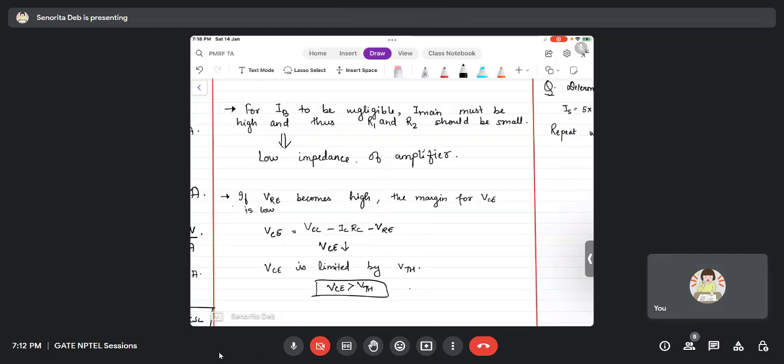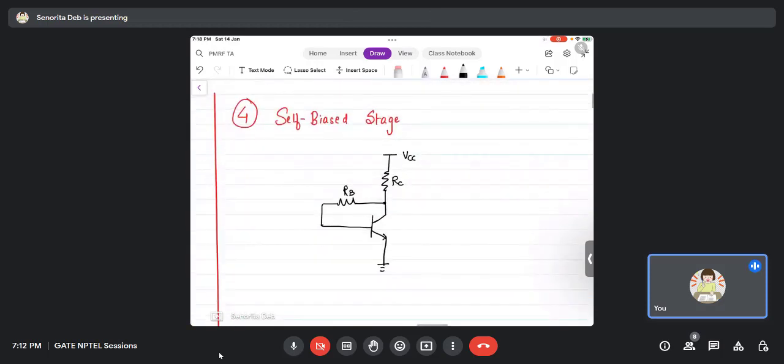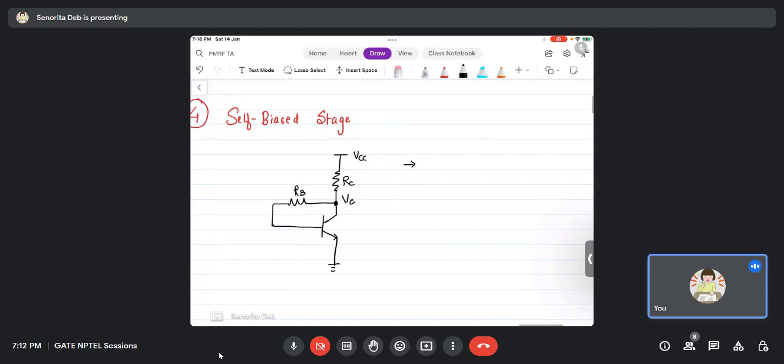Okay, so now coming to the self-bias stage. Please draw it. Why is it called self-biased? Because the collector voltage VC is used to bias the circuit directly.